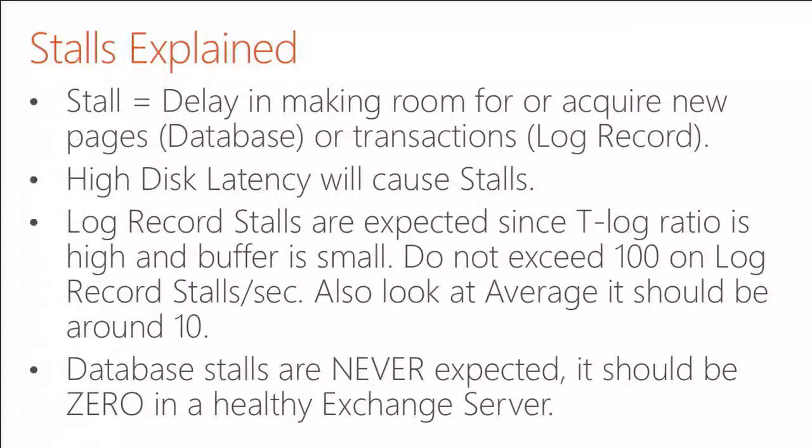So we don't want to constantly see my log record stalls per second go over 100. Because that indicates that even though there are no client problems right now, if I push a little bit harder, my Exchange might start getting those pesky connection pop-ups.